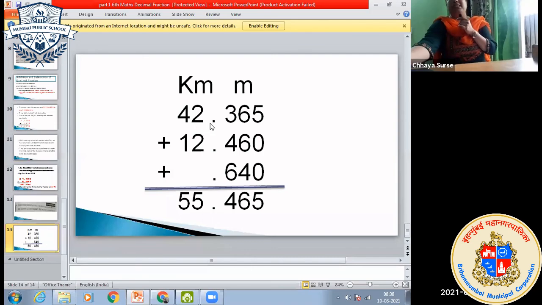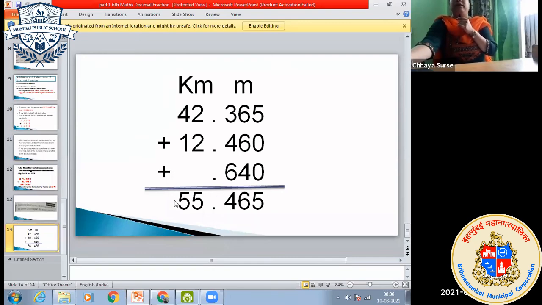The numbers before the decimal point are kilometers, and the decimal places are converted into meters, the smallest unit. This is the kilometer and the smallest unit is the meter. So 42.365 by bus, 12.460 by car, and 0.640 by walk.